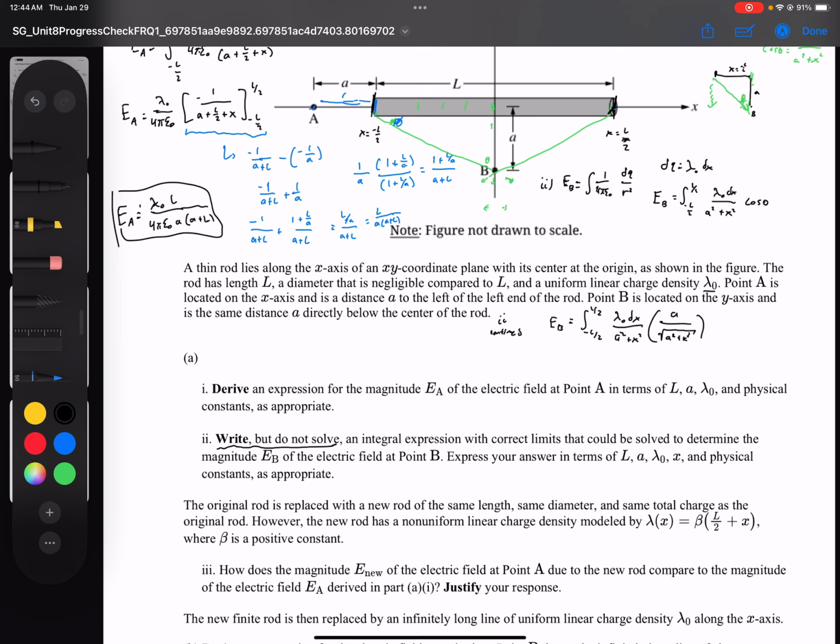So here we end up with a squared plus x squared in the denominator, and then I have basically, well, the square root is just a squared plus x squared raised to the 1/2, right?